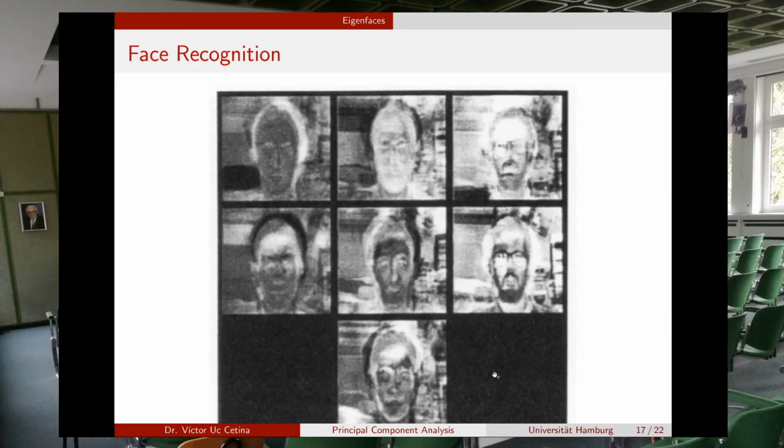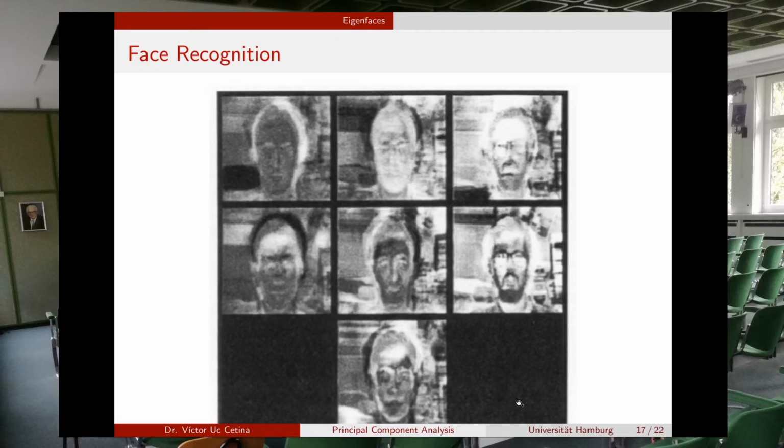And what they did was to transform all the original faces into the new subspace created by these 7 vectors, just by projecting the original faces onto each of these vectors.